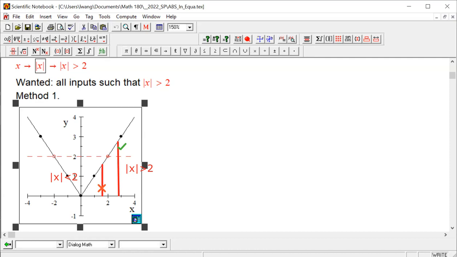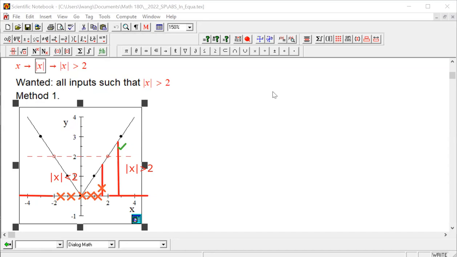And where do we find those inputs? Those inputs can be found here. Those are where we find the inputs such that their outputs are larger than 2. We can also find those inputs over here. Okay, anything in between -2 and +2, or equal to -2, or equal to +2, those inputs will not be the inputs such that the output is larger than 2.